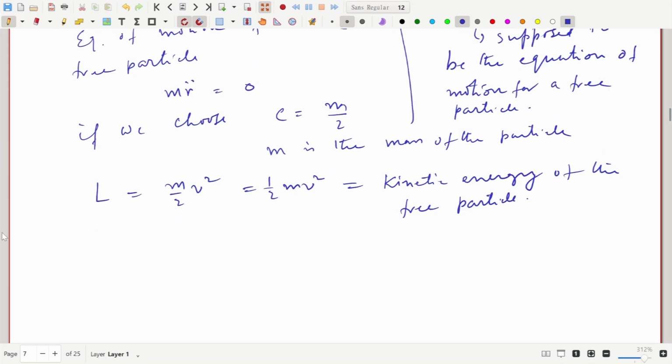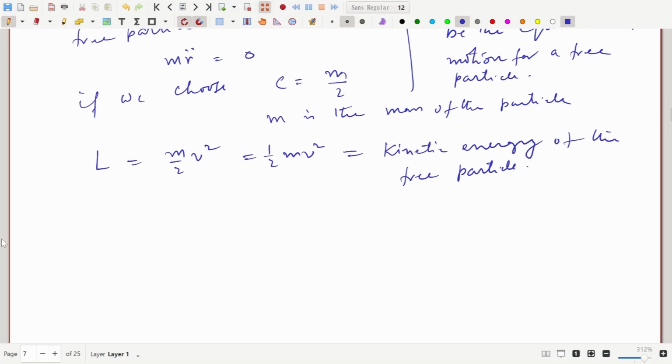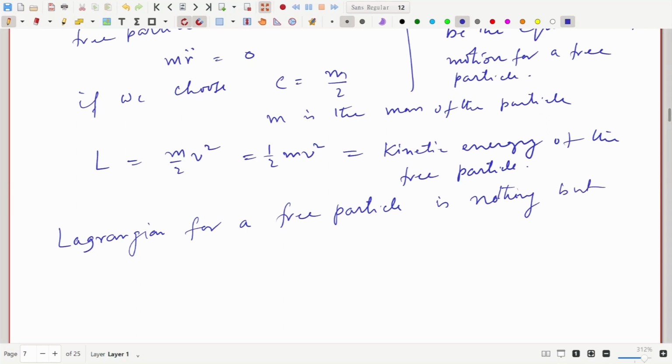So we come to this conclusion that the Lagrangian for a free particle is nothing but the kinetic energy of the particle.